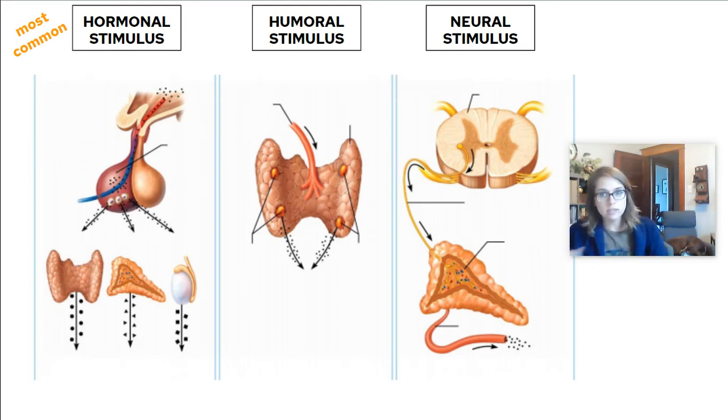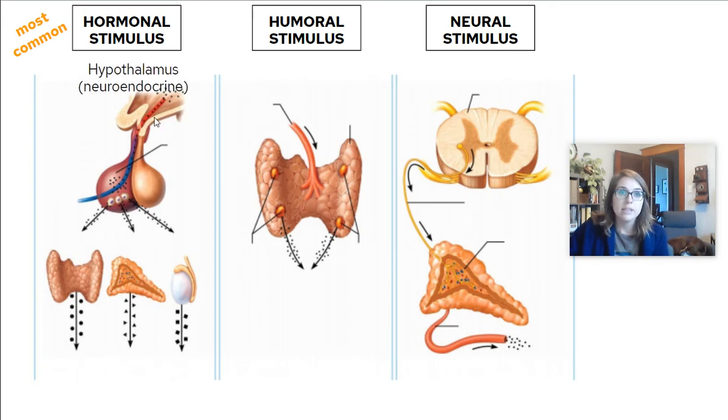And I mentioned this last unit about the master gland and in the brain. So this is in the brain, right at the diencephalon, and we've got right here the hypothalamus. And attached to it right here is the pituitary gland, which we call the master gland. So the pituitary gland has an anterior and a posterior side.